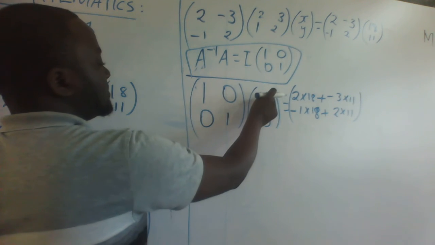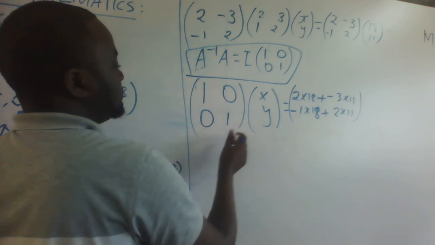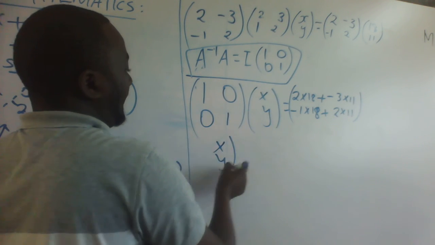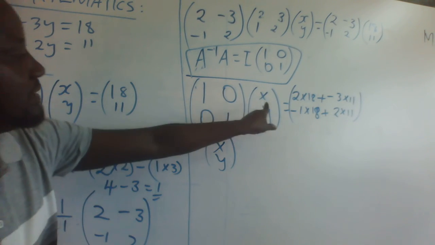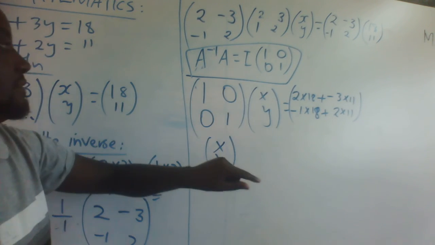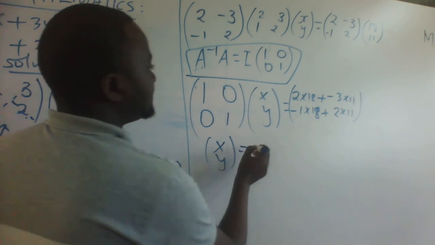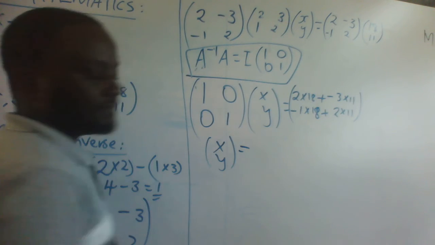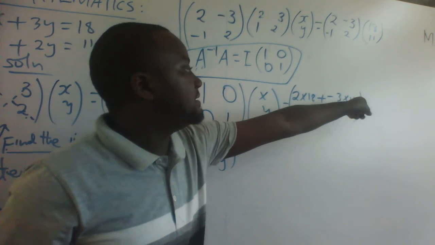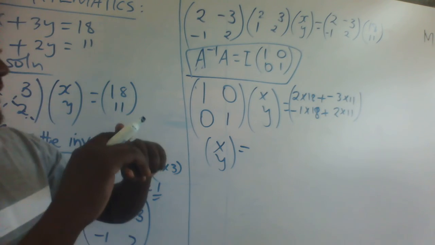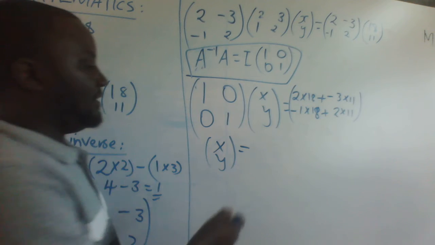So 1 times x gives us x, y. Identity times this matrix is this matrix, equals 2 times 18, which is 36, minus 3 times 11, that is minus 33. 36 minus 33, the answer is 3.